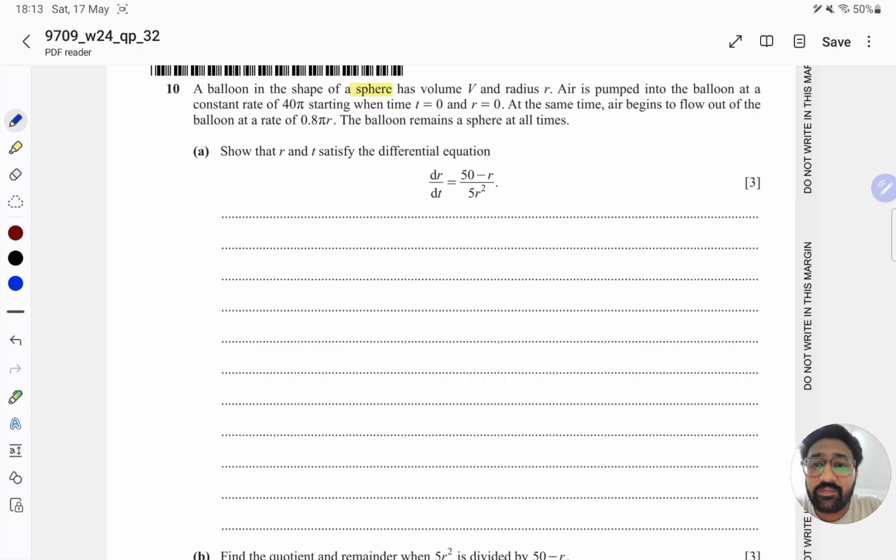Which is 4 pi, starting when time is 0. At the same time, air begins to flow out of the balloon at a rate of this.